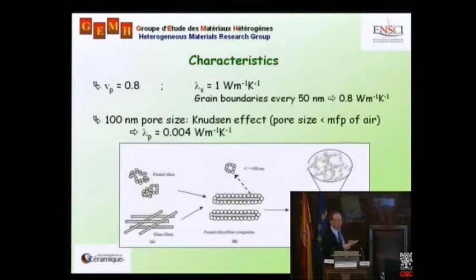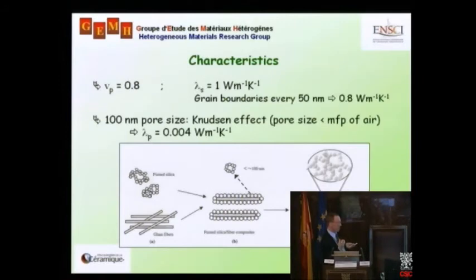But I have another very interesting feature in this material. So here we have an idea of the microstructure, is that there are rather small pores as well, of the order of about 100 nanometers. Now, the mean free path of air molecules is about 200 nanometers. So this means that an air molecule, nitrogen or oxygen, is actually going to hit the sides of the pore wall before it meets another air molecule.